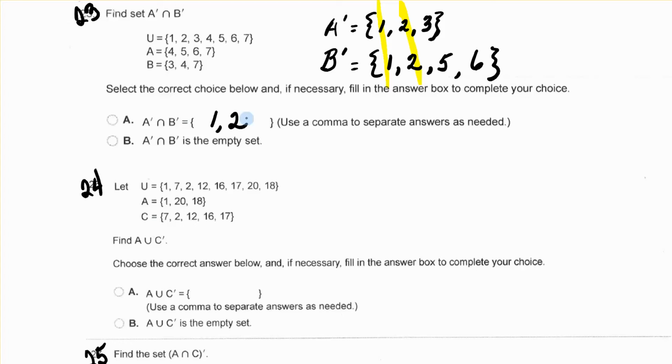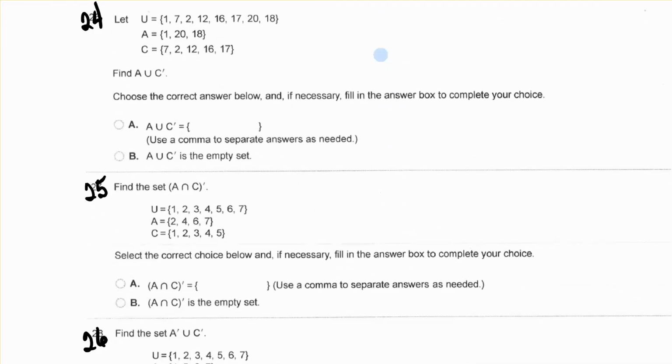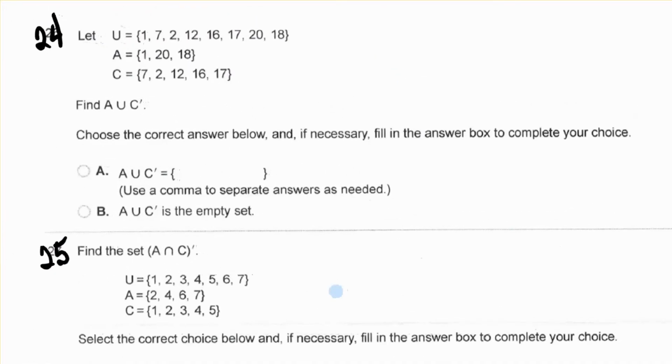All right, let's go to our next one, number 24. This time, this is my universal set, A and B. It wants the union of A and the complement of C. So I need to see what the complement of C is.